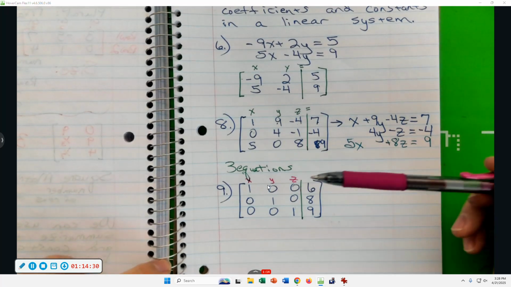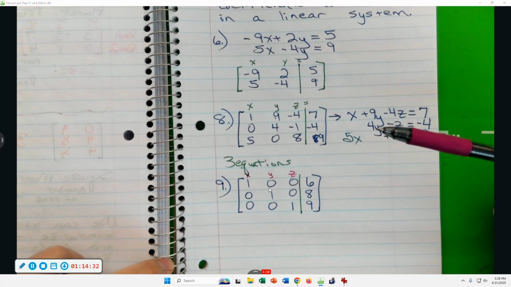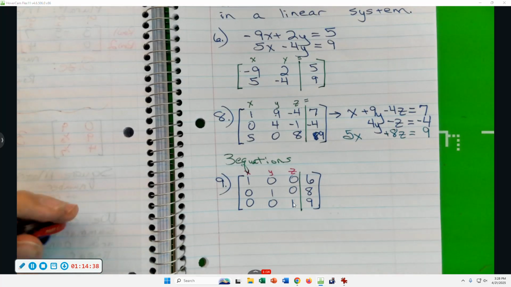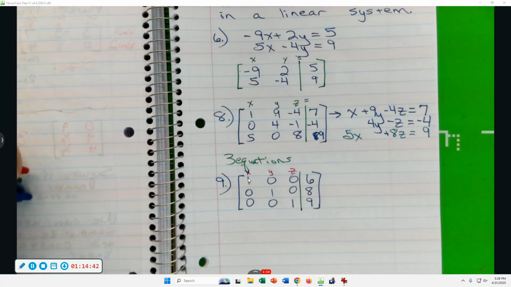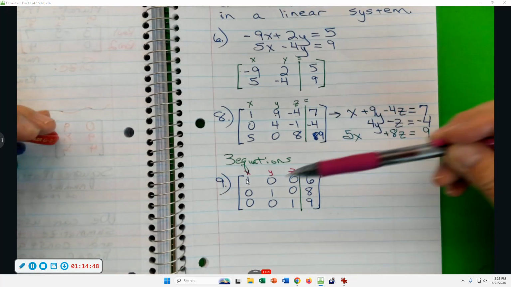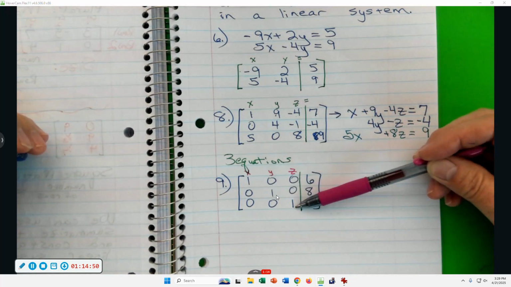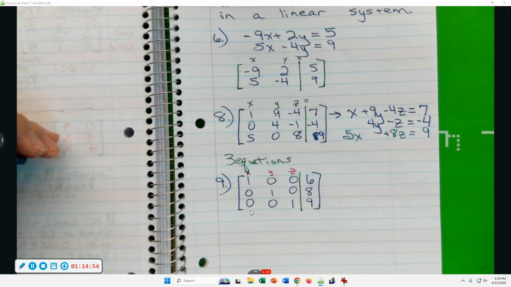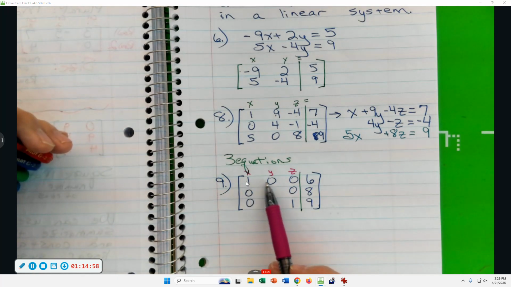We take matrices that look like number 8 and we get them with ones down the diagonal and zeros above and below those ones. Why is that desirable? What is this first row saying?